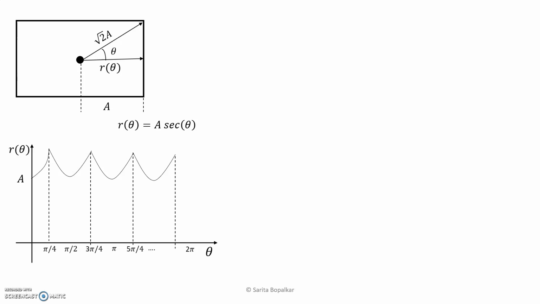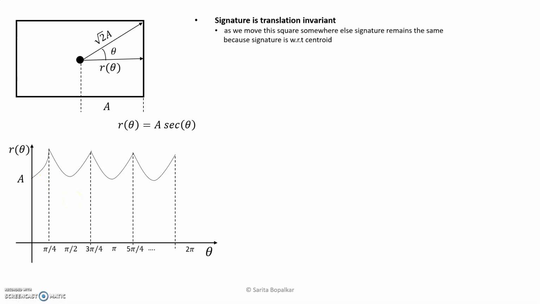Now let us see whether this signature is translation, rotation or scale invariant or not. The signature is translation invariant. Means what? If I move this square somewhere else, the signature remains the same because it is with respect to the centroid. That's why the signature will remain the same even though I move it somewhere else.